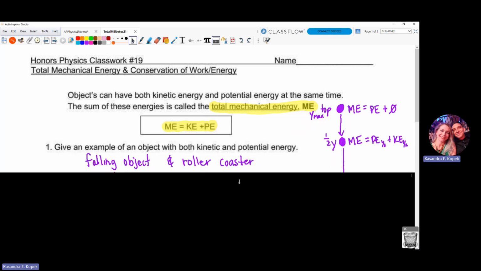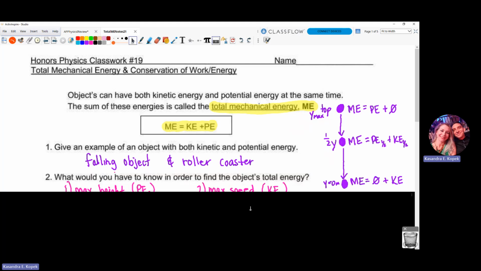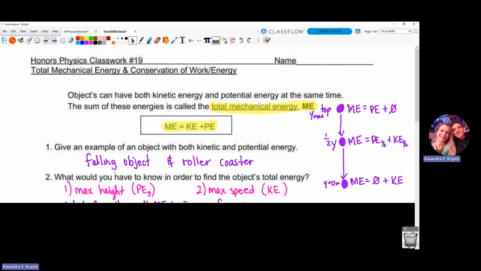Okay, an example that has both kinetic and potential energy at the same time would be a falling object, which we've talked about, and a roller coaster, which we're going to get into more in depth. On the right-hand side of my screen, you're going to see an example of a falling object.